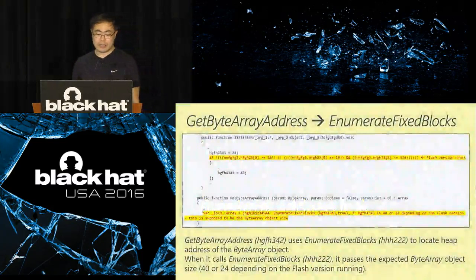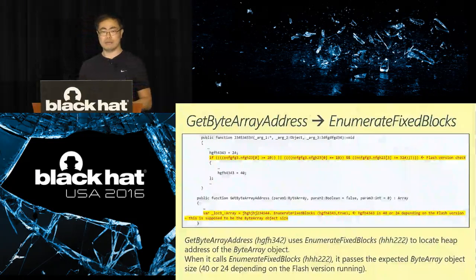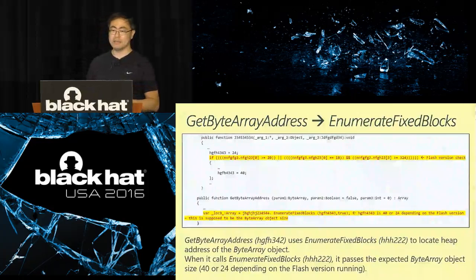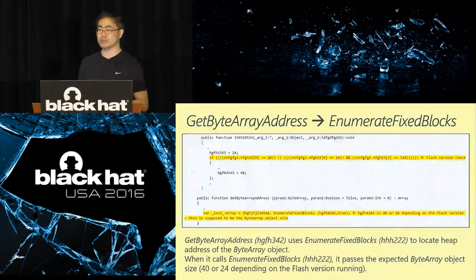Using this technique, they can do a lot of various things. They can locate various internal objects, but they can also leak some object they created. One of the techniques they are doing is that if they have a byte array object, they can locate the exact virtual address of the raw data.